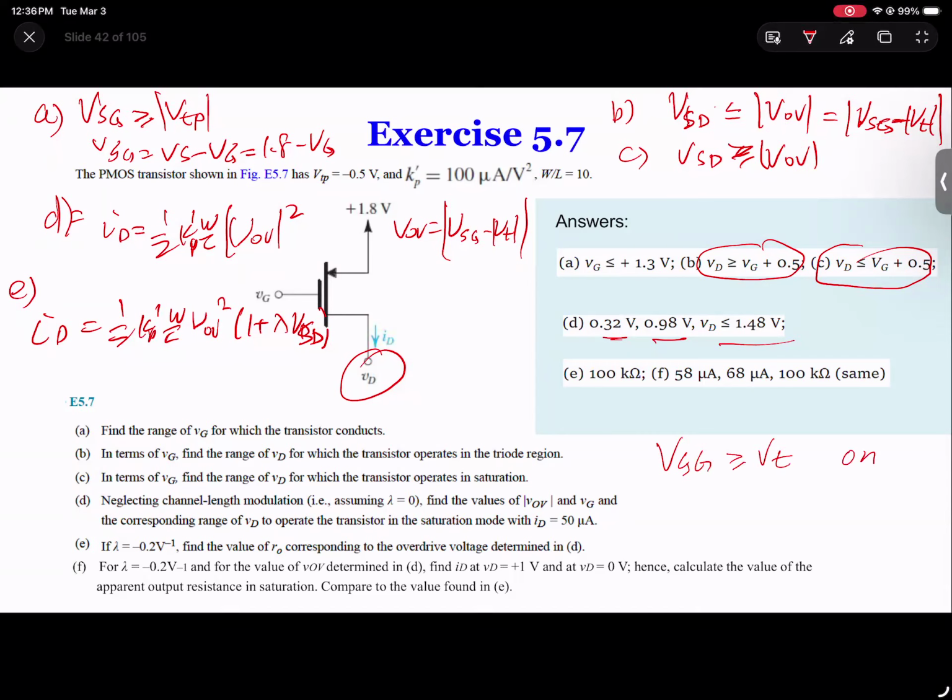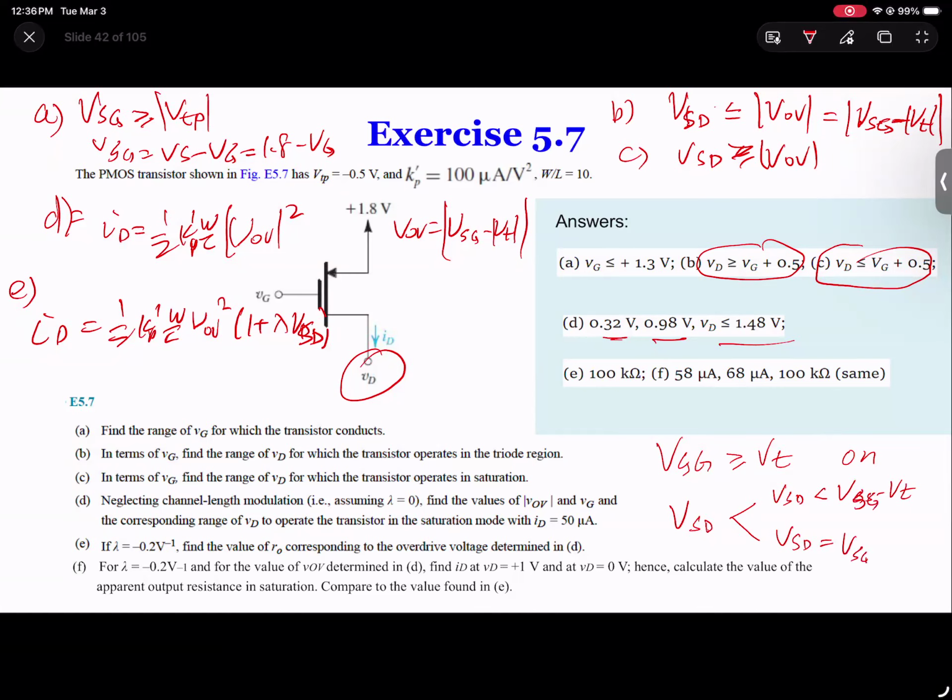We call it to be on. But once that happens, VSD can have two scenarios. One is VSD is less than VSG minus VT, and also VSD could be larger. Oh no, I call it VSG, not VGS, okay?